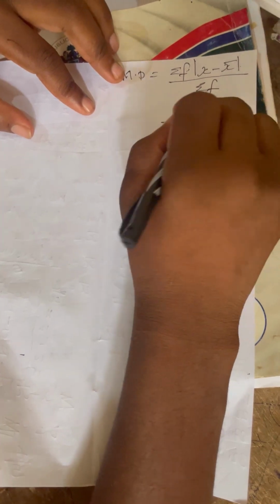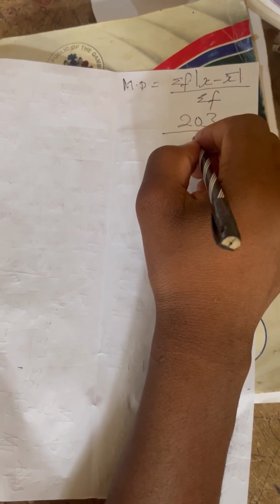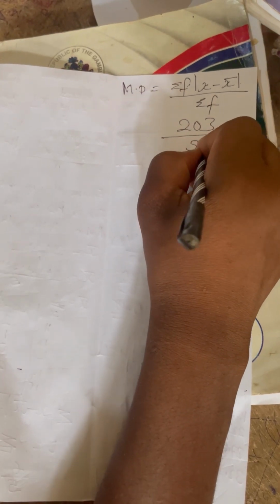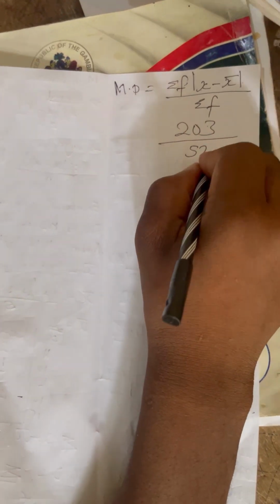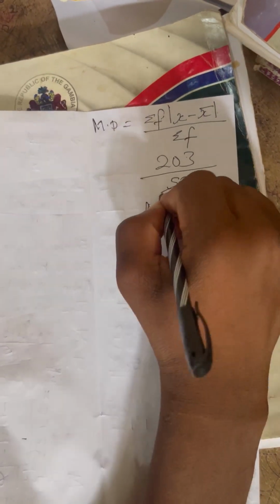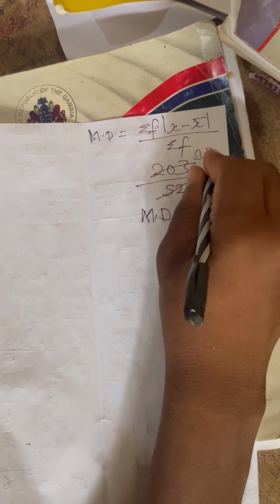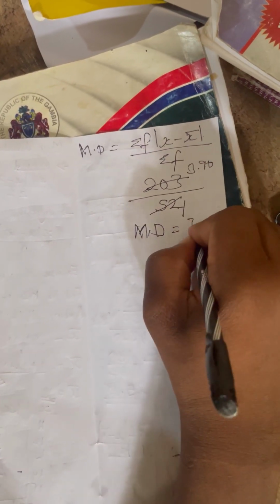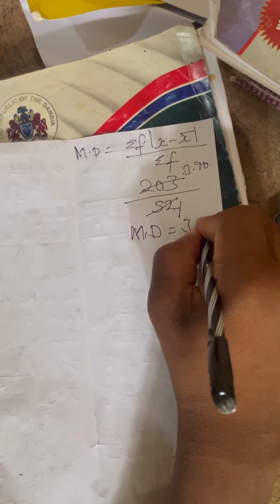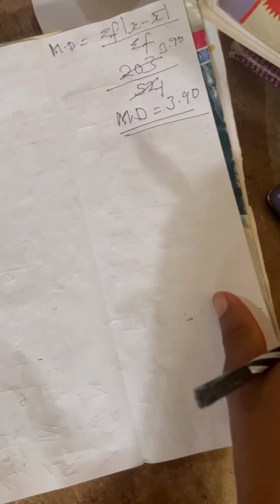So we write 203 as the numerator, and the denominator will be 52. So if you divide this and this, we are going to have 3.90 when you use your calculator. So the mean deviation is 3.90. Do you understand?